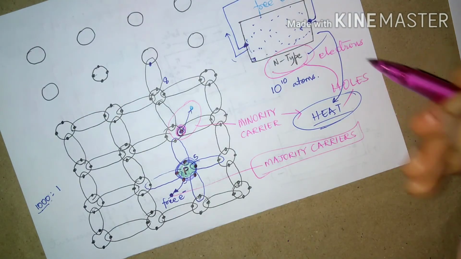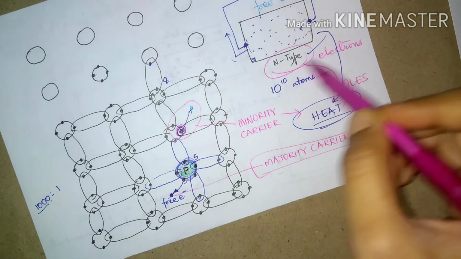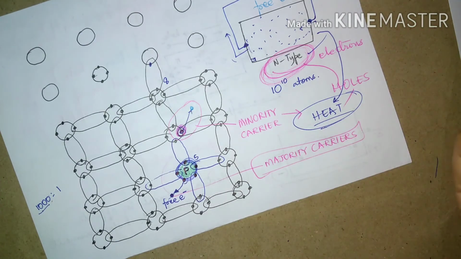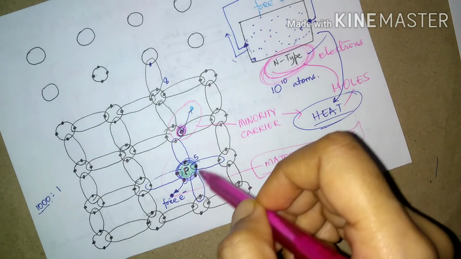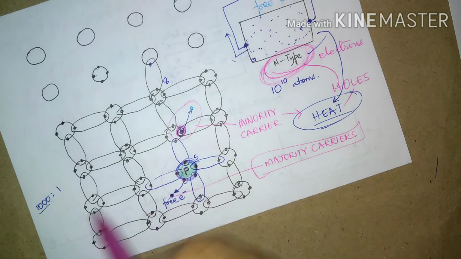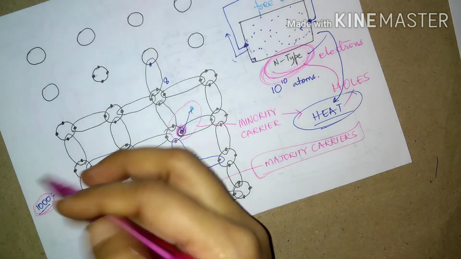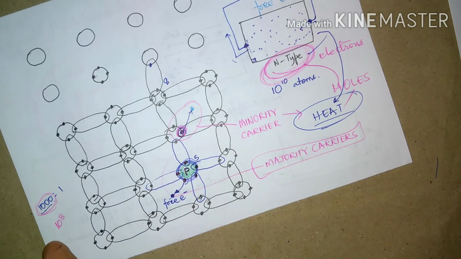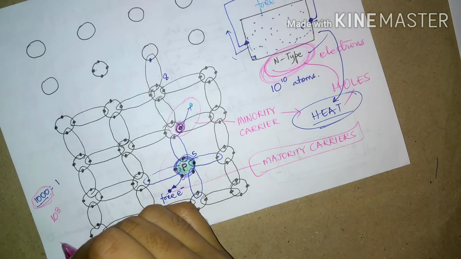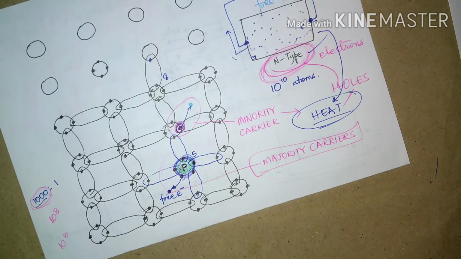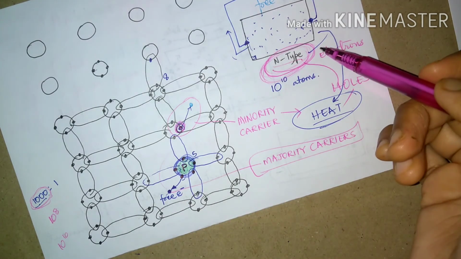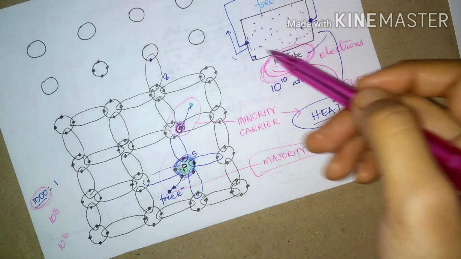I want you to make this point clear that in n-type we are adding many electrons into it intentionally by adding an impurity atom for every so and so. This may be some 10 to the power of 8 if you want to keep the concentration low, and you can take it to 10 to the power of 10 also. It doesn't matter, but the concept is that in n-type semiconductor you are adding free electrons into a pure silicon.